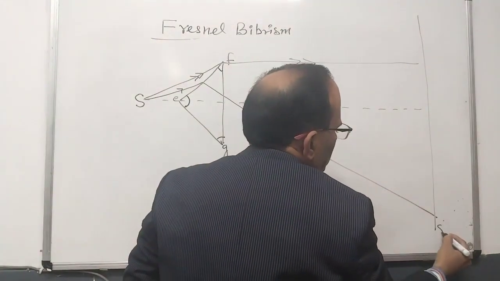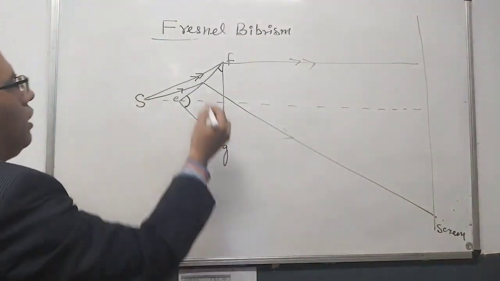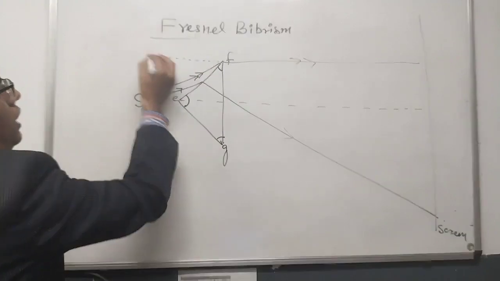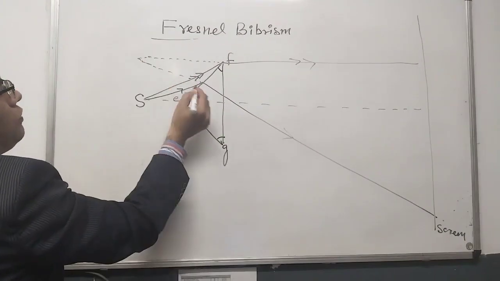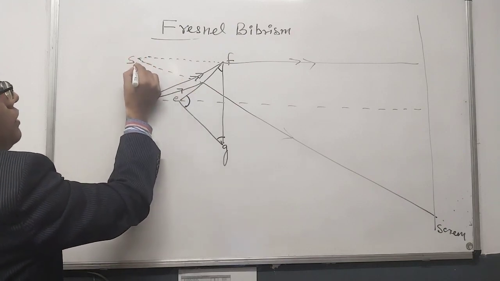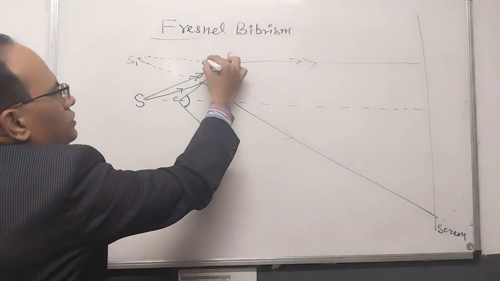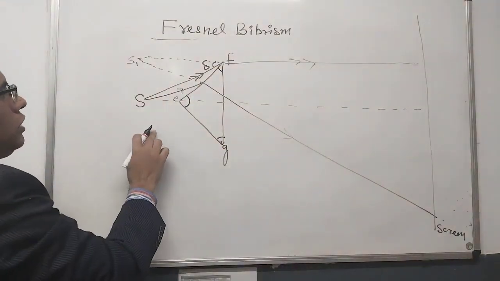Now when we produce these back, they appear at a certain point, and that point is known as the S1 point. This angle is the deviation angle. So S1 is the virtual source.